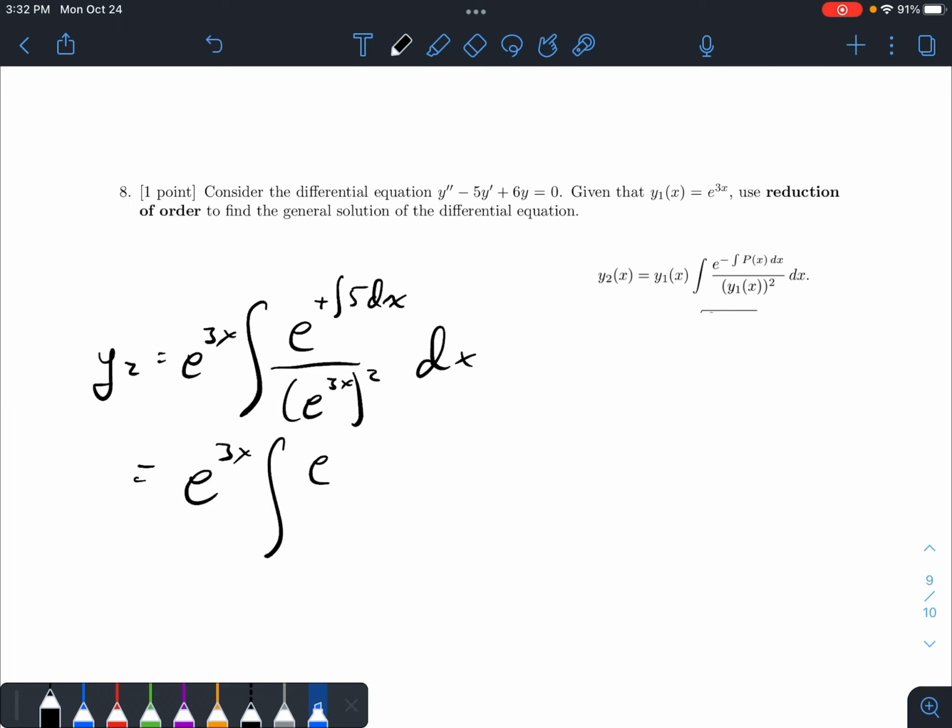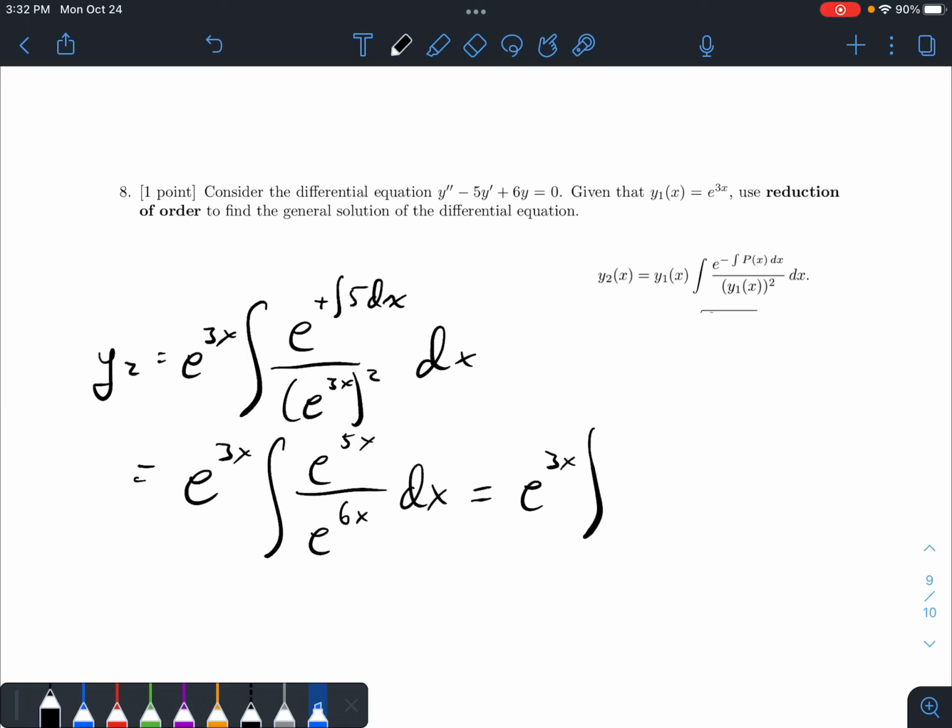This is e to the 3x times the integral of e to the 5x, the integral of 5 is just 5x, over e to the 3x squared. When you raise an exponent to an exponent, they just multiply, so 3x times 2 is 6x.